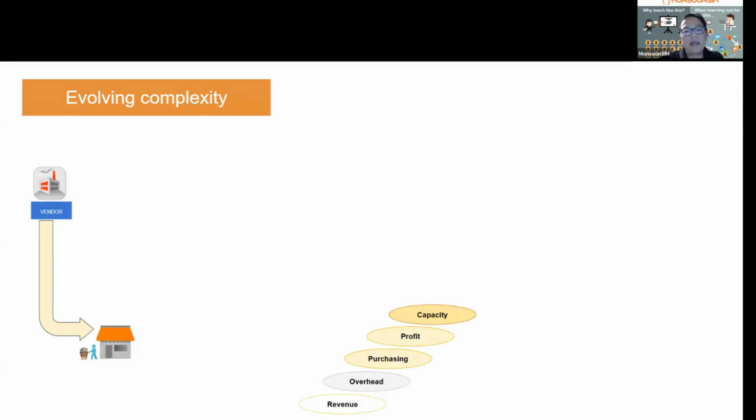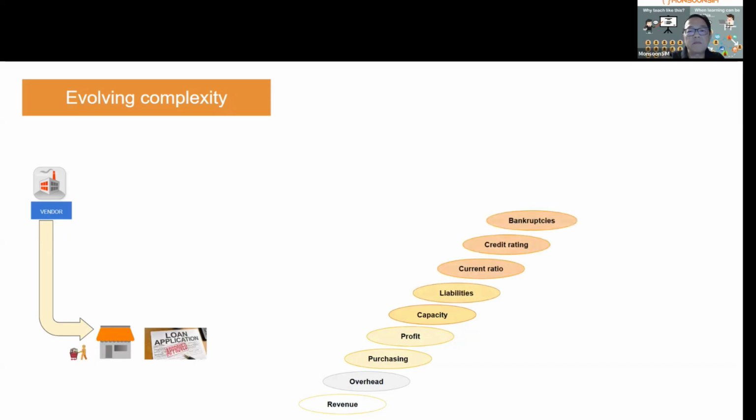So in that simple context, your students are learning as they play the game; they're exposed to the following concepts. Now, when you think that they're ready, you give them more concepts, such as giving them a loan, and then they will be exposed to further concepts such as liability, current ratio, credit rating, even bankruptcy. And then if you think that your students are ready, within the same game even, you can start by adding marketing, and there they will pick up knowledge such as the 4 Ps of marketing.